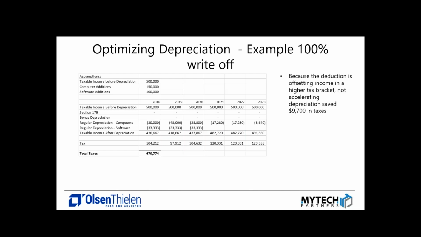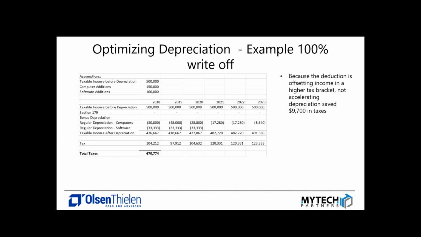And then here's another example of how planning is kind of a game, seeing what happens if you don't take accelerated depreciation. Say you just capitalize it and let it run off its normal life. You still have $500,000 of income before the depreciation.